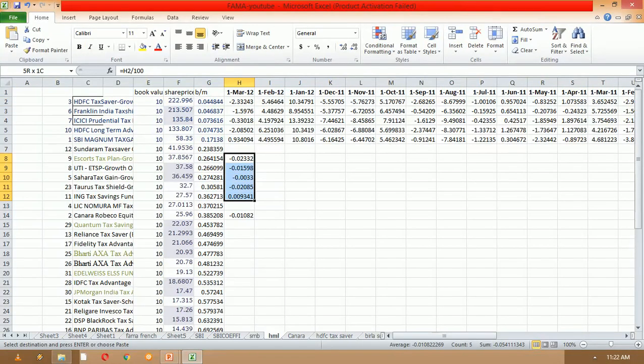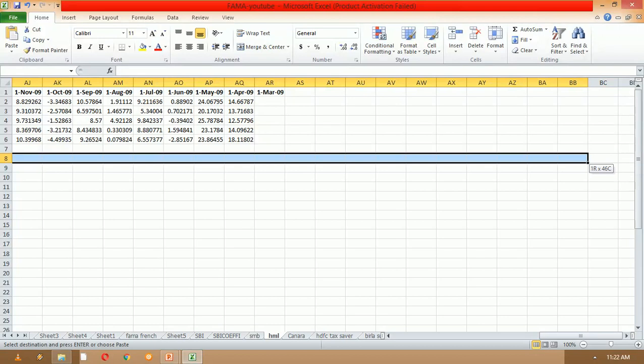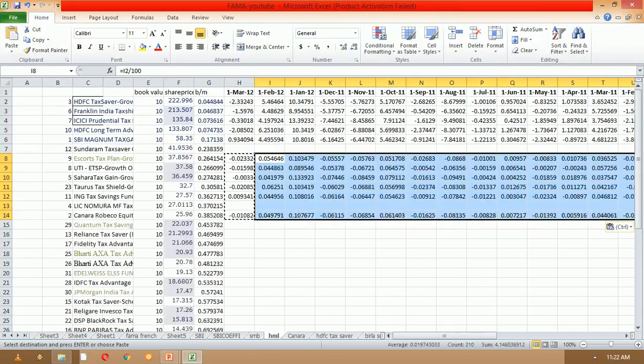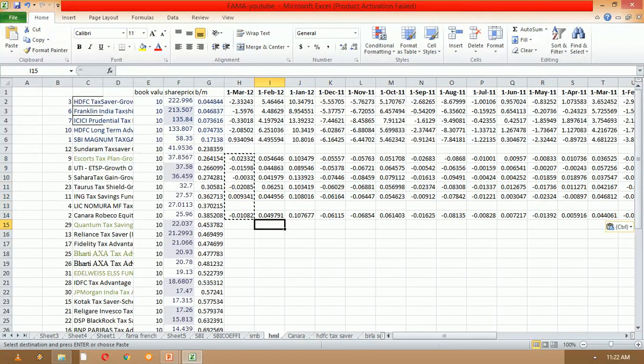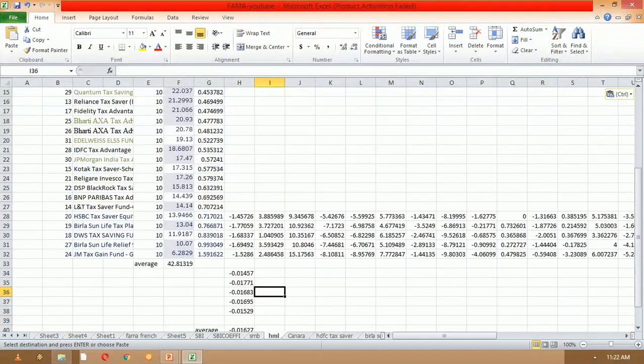Right, and again the return ratio is in percentage, so it is calculated into numbers, that is values, and again the average is also calculated. So same thing here, this is the return.